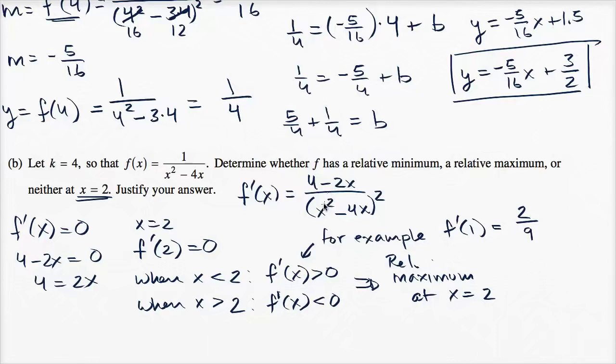So an easier way is to just think, okay, what is f prime doing as we approach this? Or another way of thinking, is the function increasing as we approach from below, and is it increasing or decreasing as we get beyond that point, beyond x equals 2?